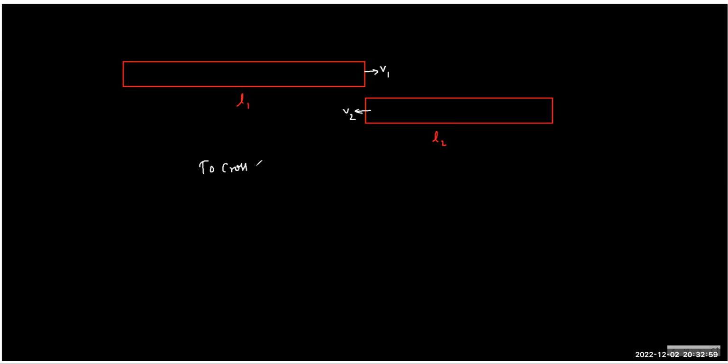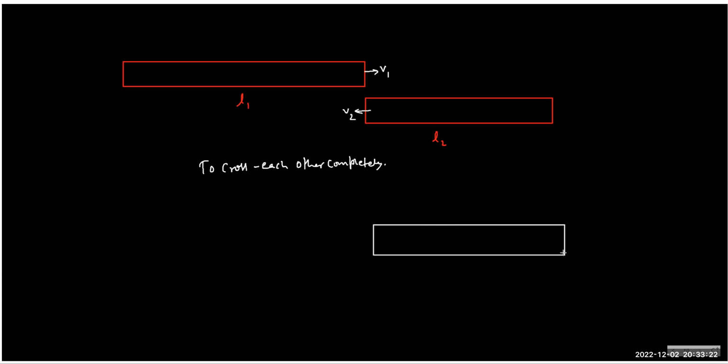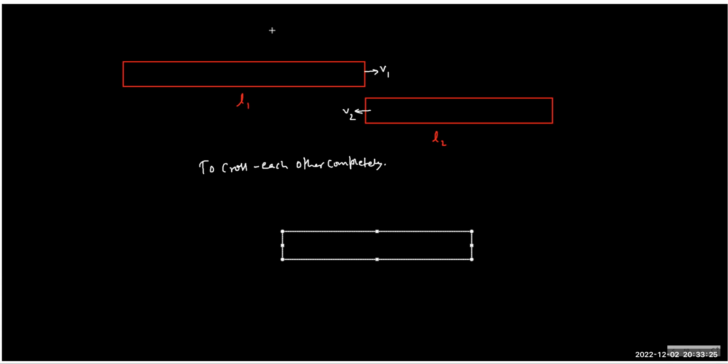So to cross each other completely, you can choose one of them as observer, right? Tell me which one you want to choose observer. L2. L2. So L2 will have nothing now. L2 is at rest. So let's say you're saying that, okay, I'm going to choose L2 as observer. So to cross this observer, how much L1 has to travel now? L1 plus L2.